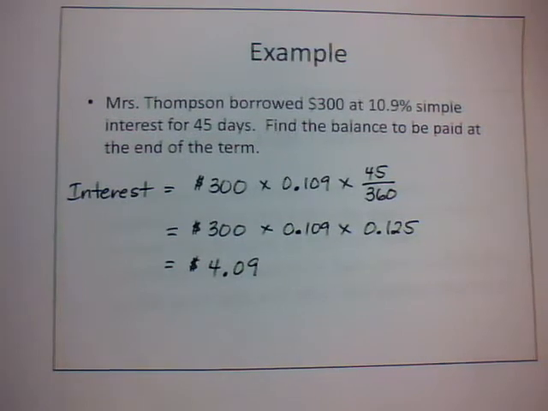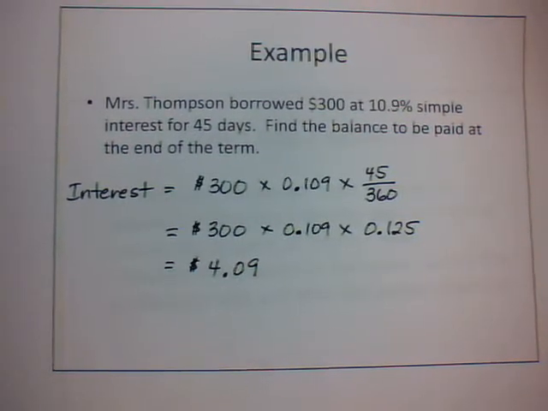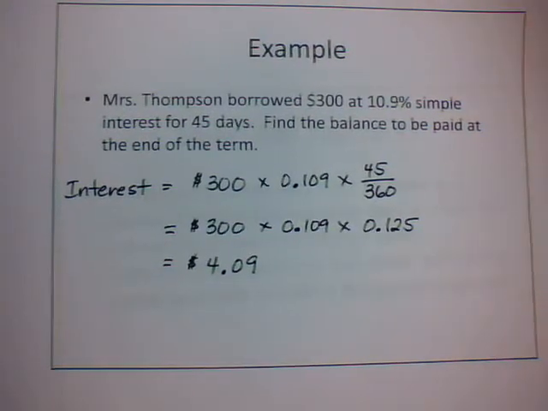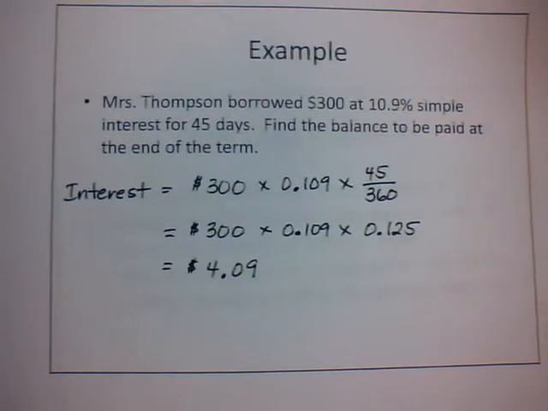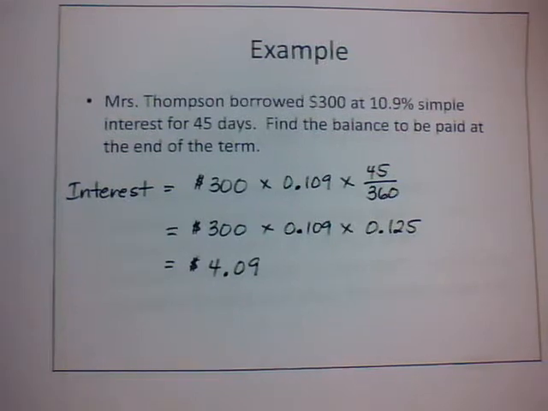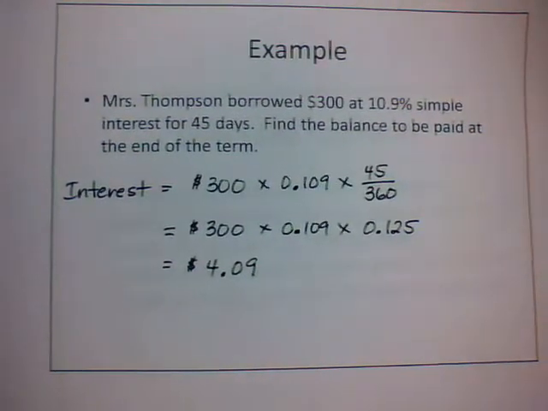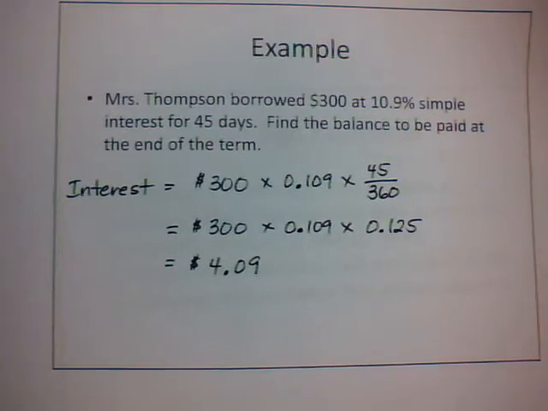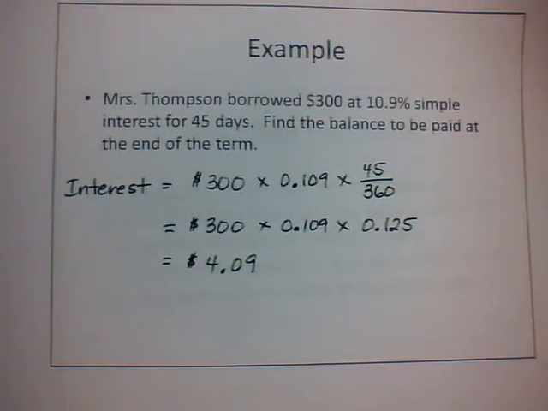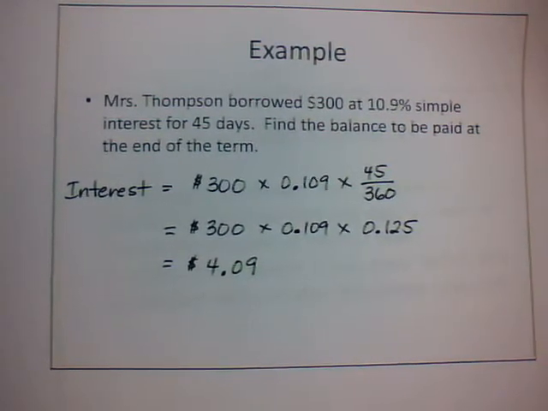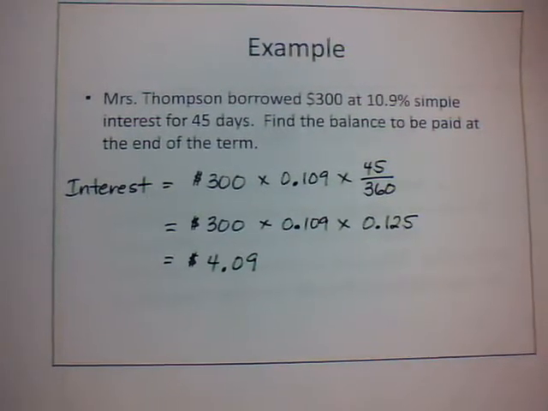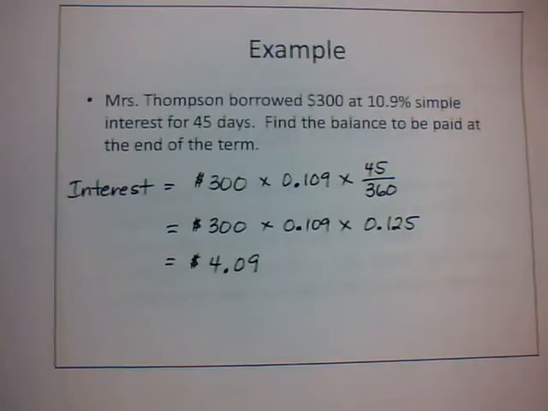Now 45 over 360 will be 0.125. Then that will be multiplied by 0.109 times 300. And your interest to 2 decimal places, since we're dealing with dollars and cents, will be $4.09, which will be the amount of interest that Mrs. Thompson will have to pay at the end of 45 days.